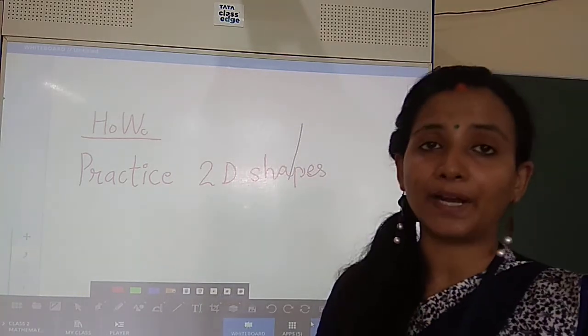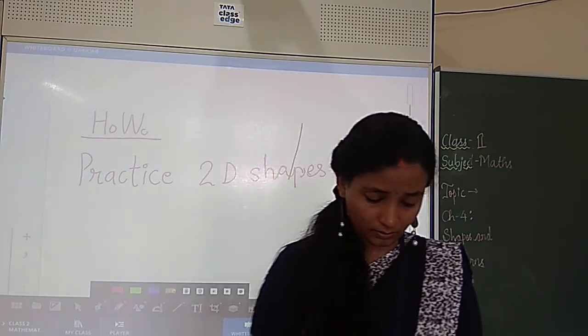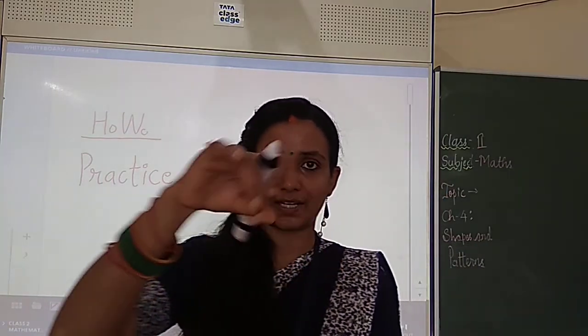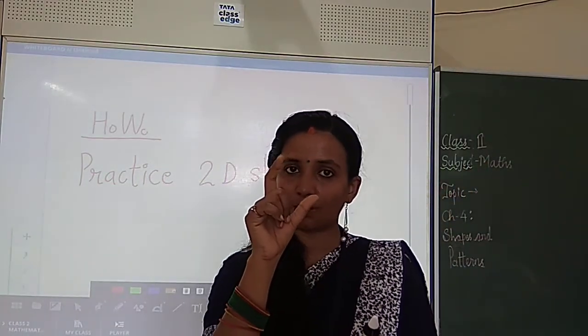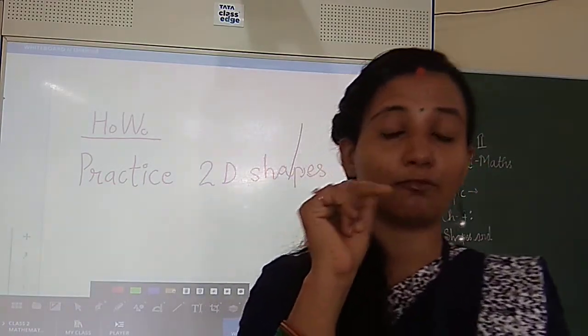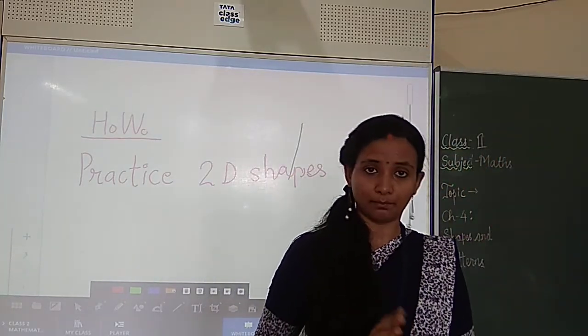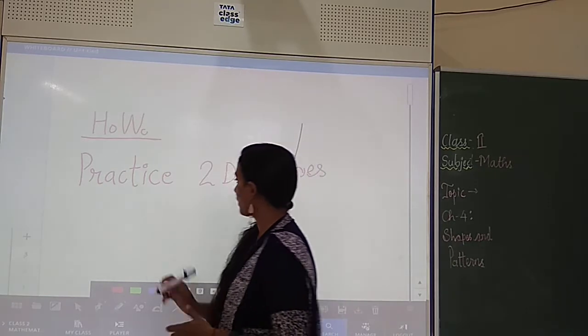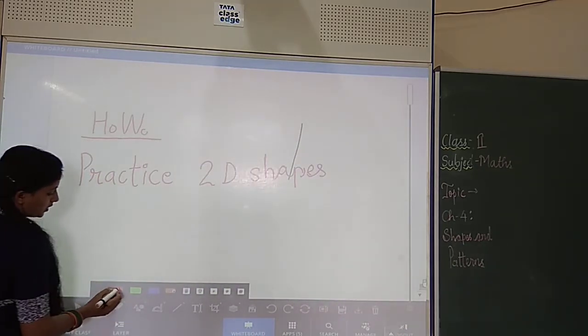Yes, but the perfect way is what? Using protractor. Rounder, we can say rounder. Yes, that is one instrument that we call rounder that will be present in a compass box. Use it and just make rectangle, circle. Okay, just practice two-dimensional shapes.